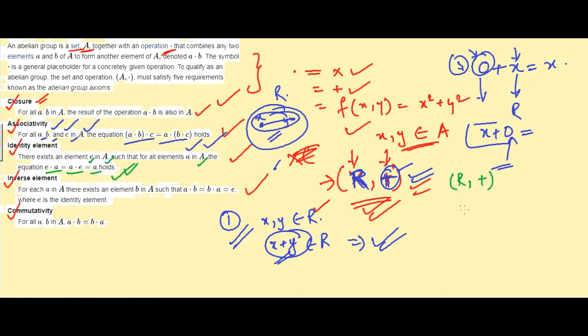Suppose our identity element is I. Then what we can write is I plus, our operation here, any arbitrary element x should equal x, and it should also equal x plus I.